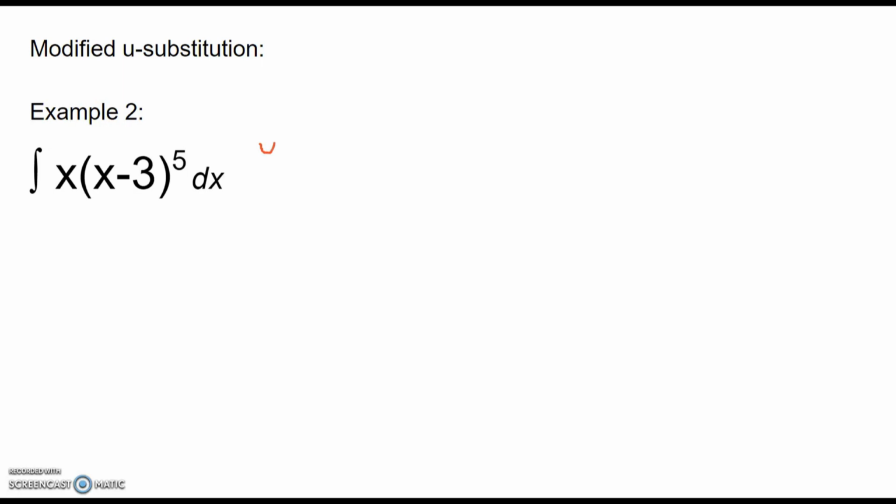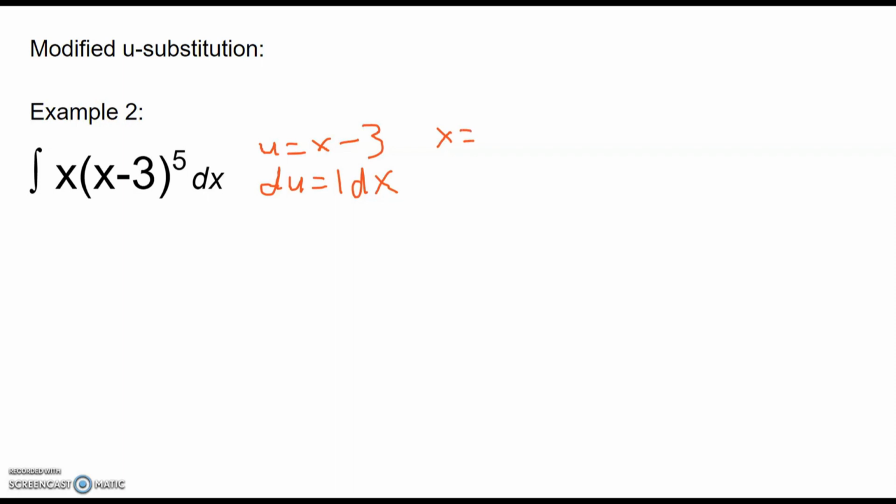So you want to make u x minus 3, and then du once again is just 1 dx. I apologize for my slow writing. And again, I do not account for this x in front of this term right here. So again, I'm going to have to write x in terms of u.